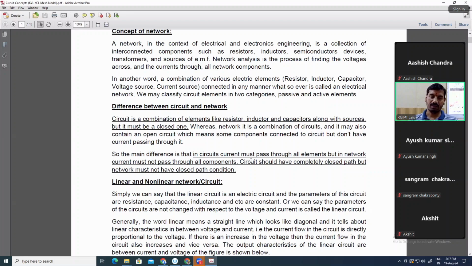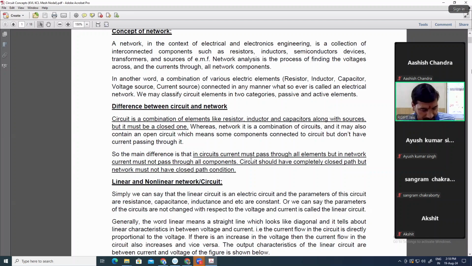So what are examples of active elements? Examples of active elements are sources, different types of sources, and devices also. Later on, you will see why devices like the transistor are active. Why is a transistor an active element and not a passive element?